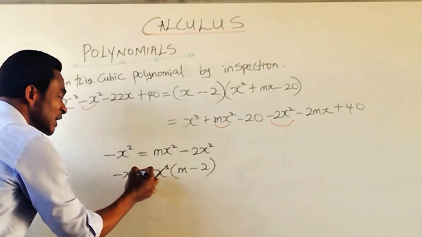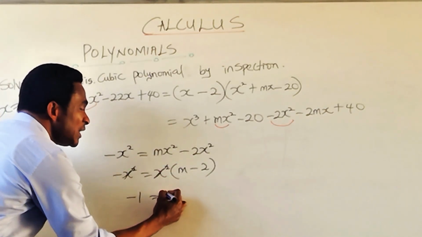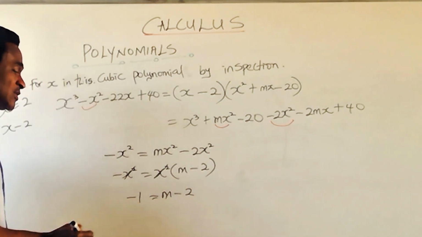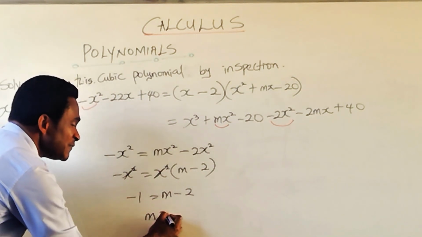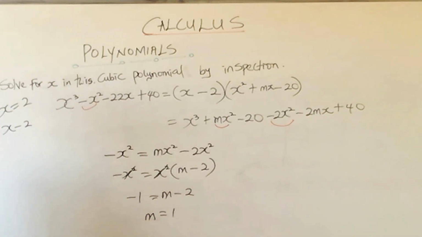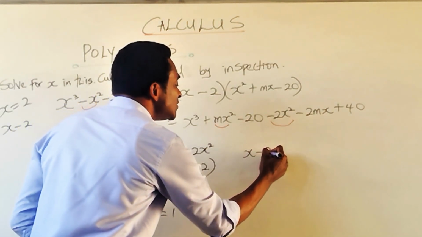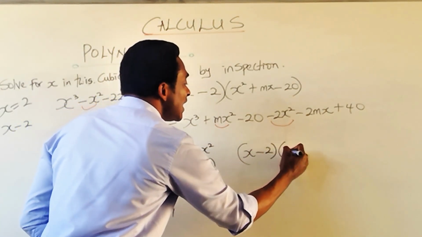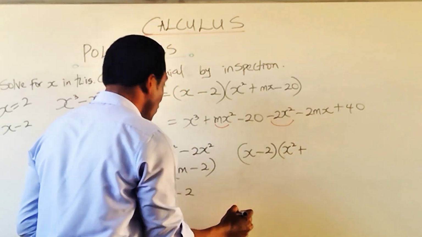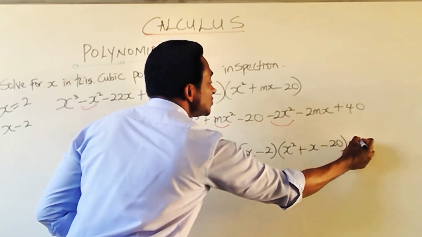So we cancel out x squared, we have negative 1 left here, equals m minus 2. So it means that my m will be negative 1 plus 2, which is 1. That has given me the parabolic function because I now know the value of my m. So I have x minus 2 and x squared plus 1x minus 20 equals 0.